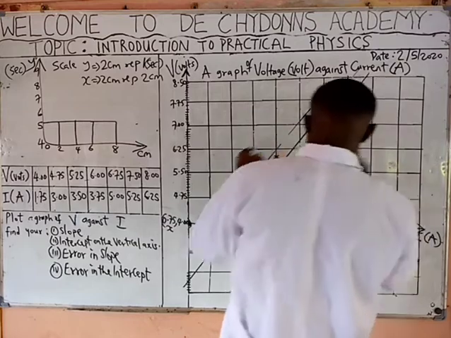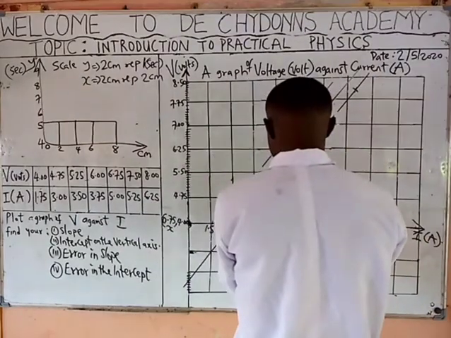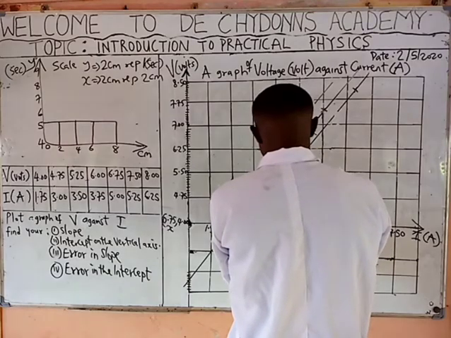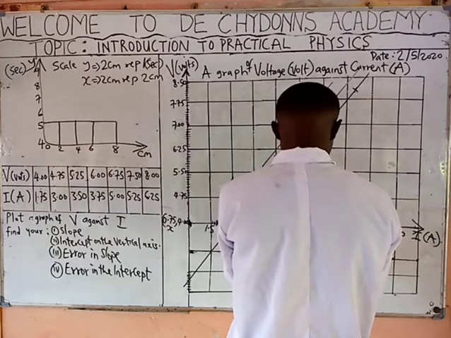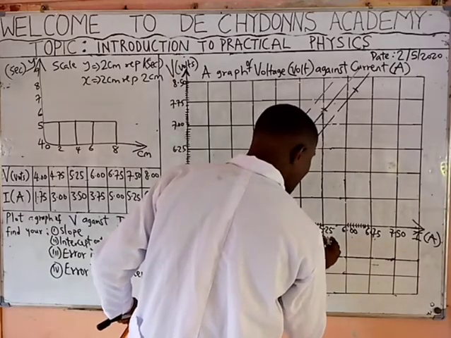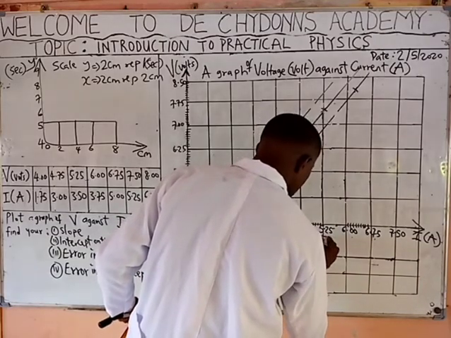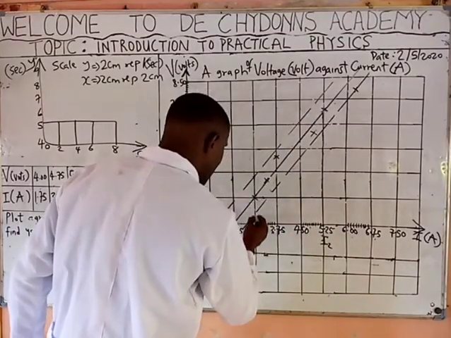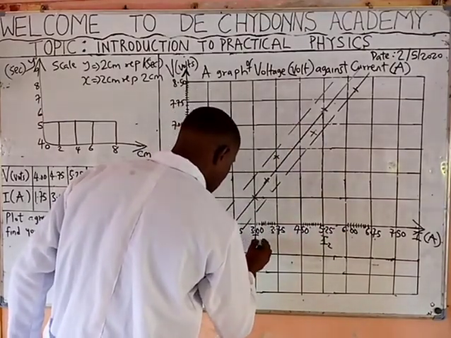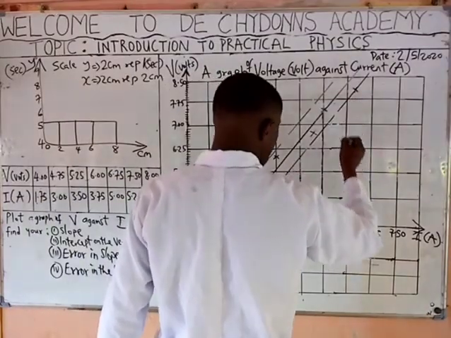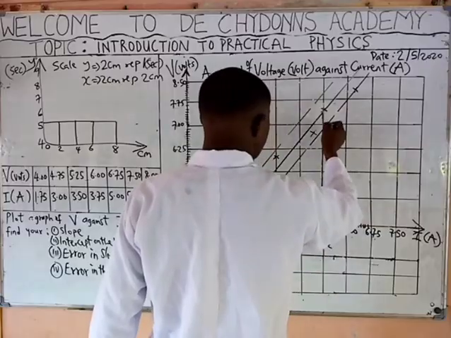Then, after drawing my triangle with my ruler, I'll extrapolate the points. So, this is my I2. Then this is my I1.